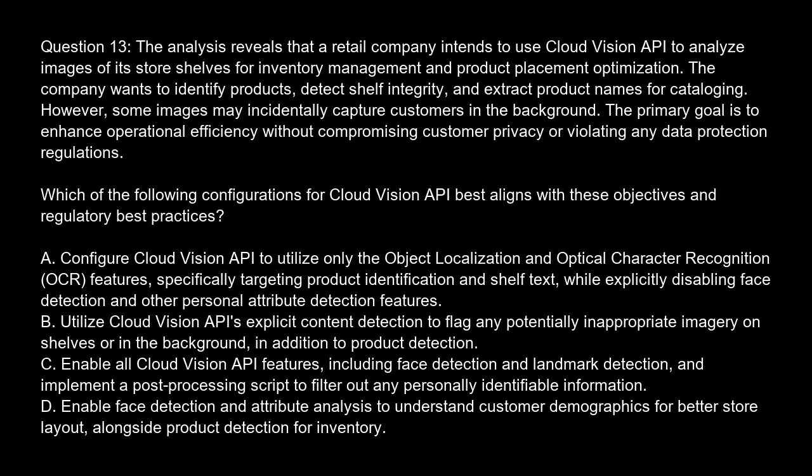Option C. Enable all Cloud Vision API features, including face detection and landmark detection, and implement a post-processing script to filter out any personally identifiable information. Option D. Enable face detection and attribute analysis to understand customer demographics for better store layout, alongside product detection for inventory.